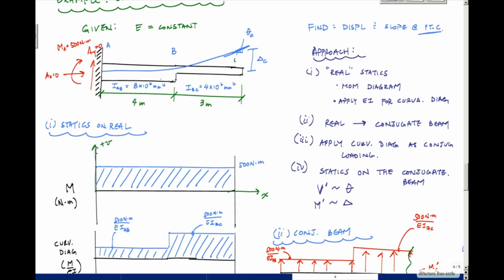I don't know if you can see that, but this slope, this rotation right here is positive theta C. And this orientation, that slope right here, is a positive slope in our XV coordinate system. Okay, and hopefully that makes sense, and that provided some clarity on the conjugate beam method.